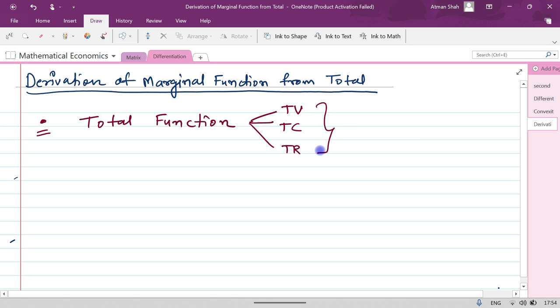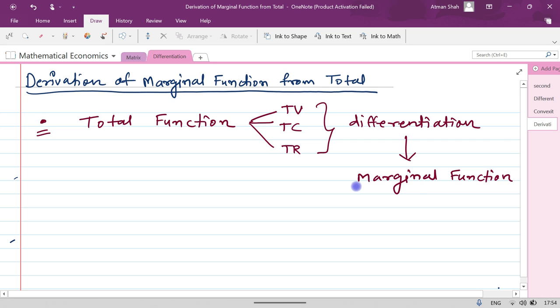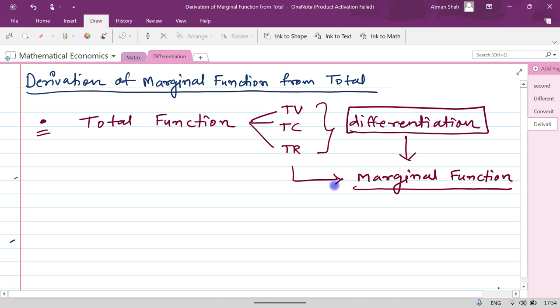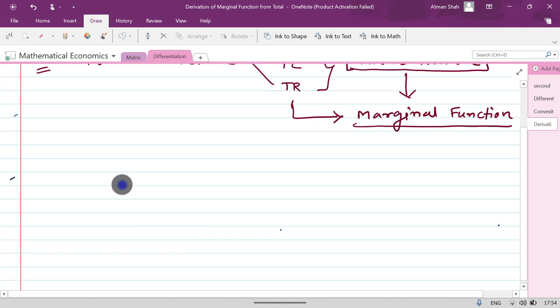If we differentiate this function, differentiation of total function gives us marginal function. So that means we can use the concept of differentiation in economics to derive marginal function from total function. Let's understand this with the help of an example.